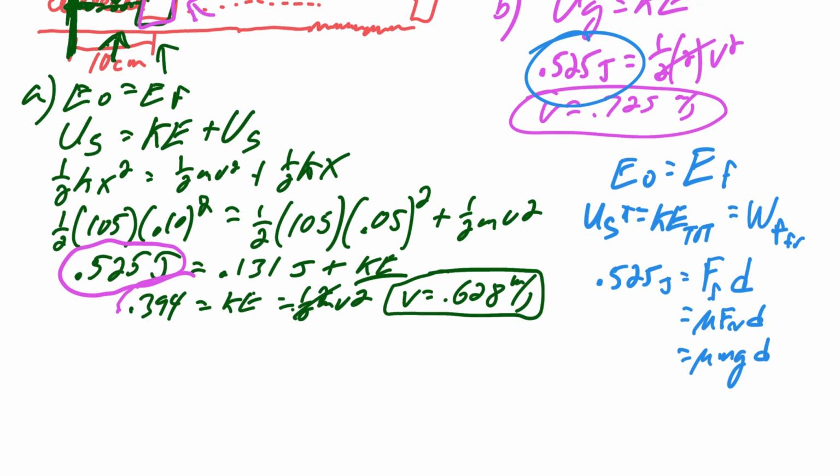Okay, so our mu is what we're calculating, right? So this was 2, this is 9.8, and it says it traveled 25 centimeters, or 0.25 meters. Okay, calculate out mu, and I'm getting 0.107.